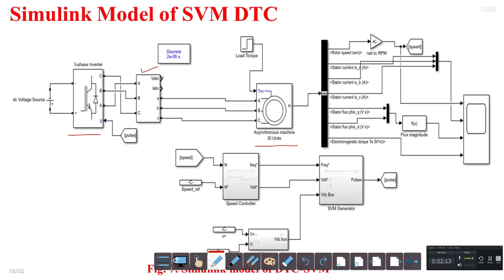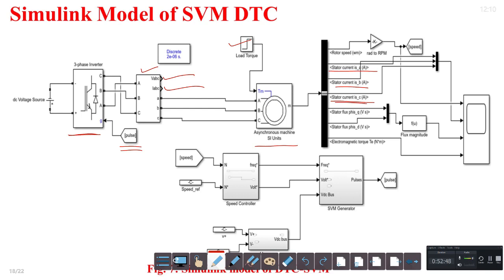We take the measurements of VABC and IABC going from the inverter to the motor, and for the motor we have a load torque command input, and to the PWM 3-phase inverter we give the pulses which are generated by the SVM control circuit.